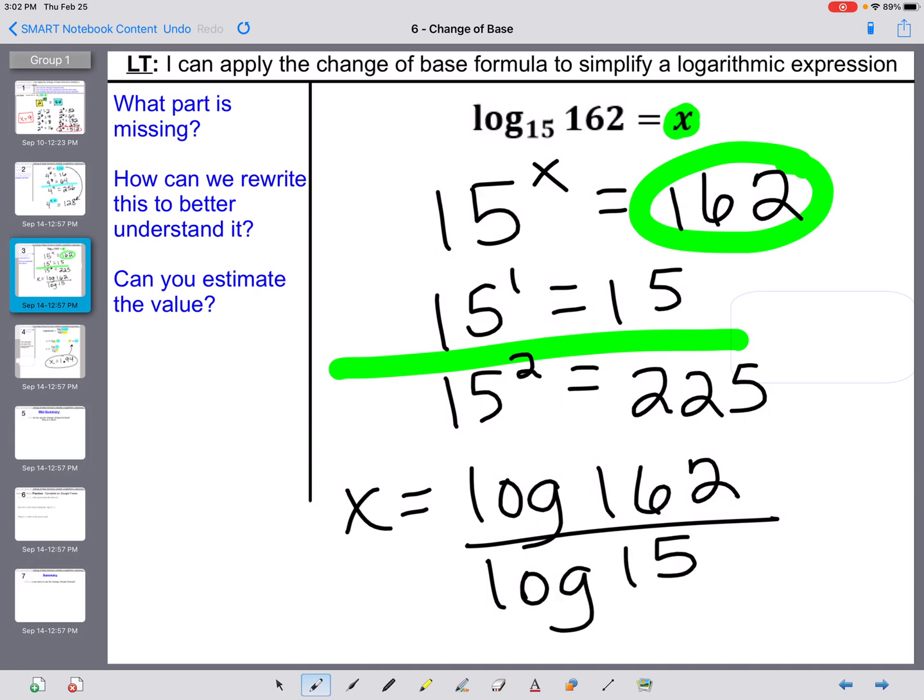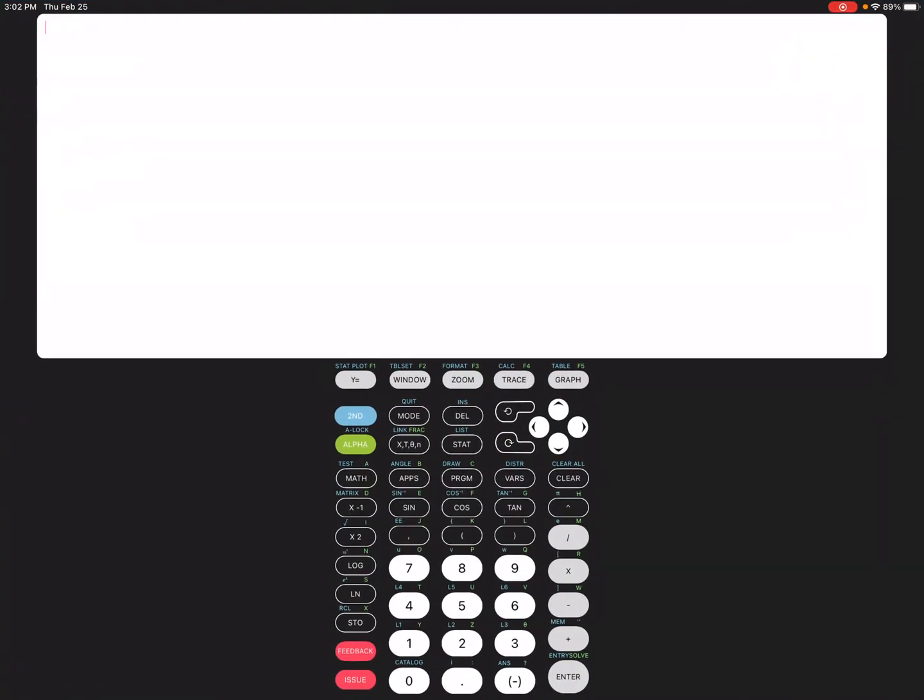I'm going to type that in my calculator, and I get log of 162 divided by log of 15, and it comes out to 1.87869. Now, you'll see we guessed 1.5 before, so we weren't even close. And for us to actually eventually guess 1.878, it's almost impossible.